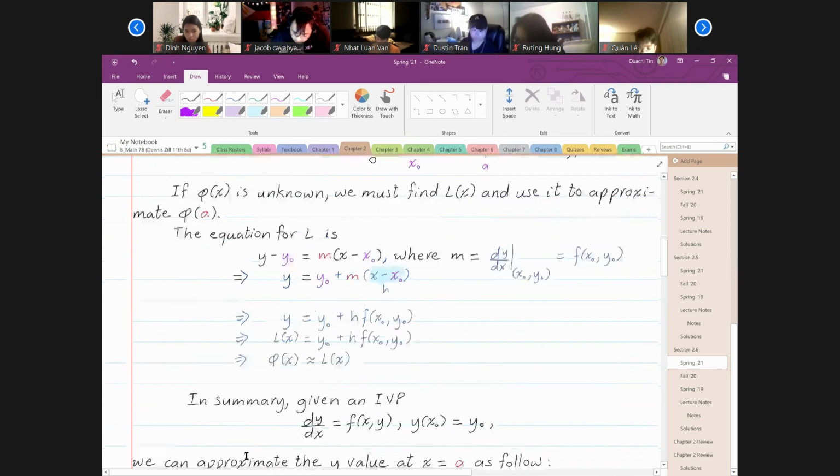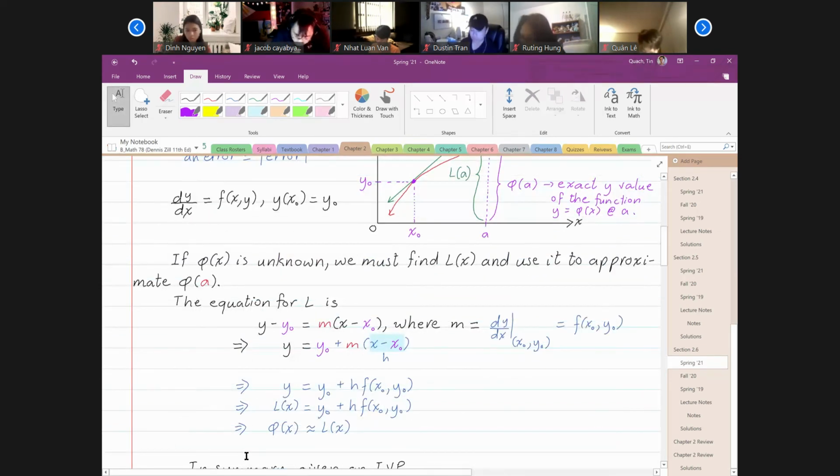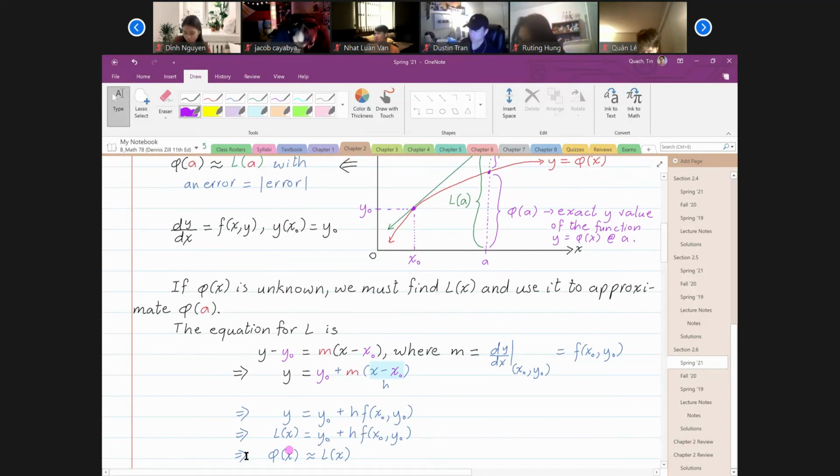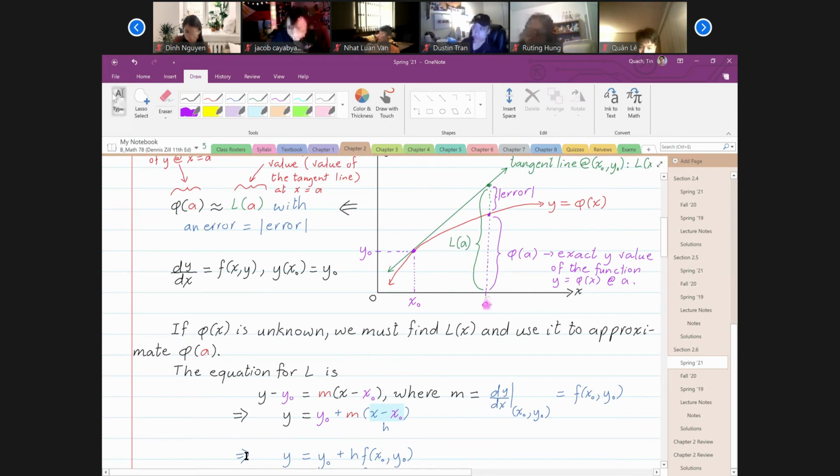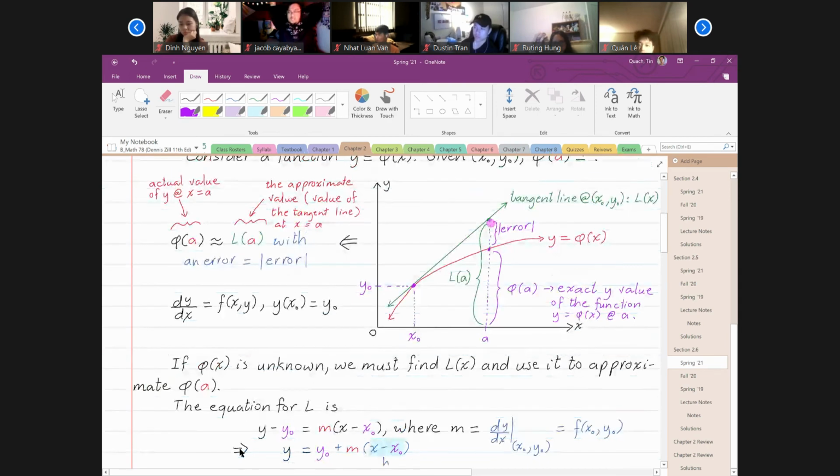But you see, if you look at the graph, this is a good approximation if the x is near your x naught. Because if it is near x naught, the gap is not that big. But if it is farther and farther away, the error is getting bigger and bigger. You see when the a here is all the way over here, there's a big gap. The error is very big.